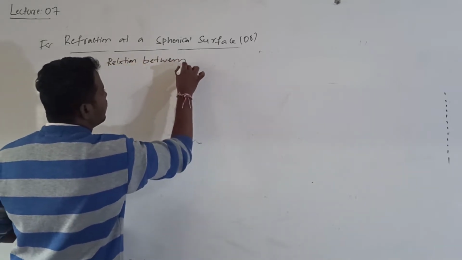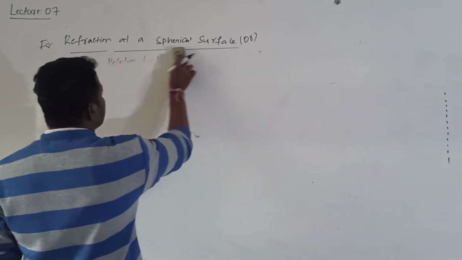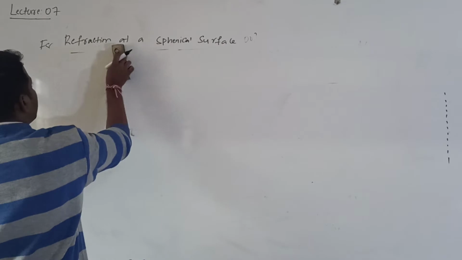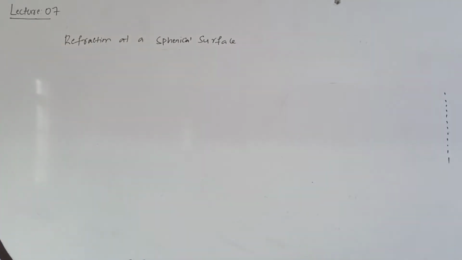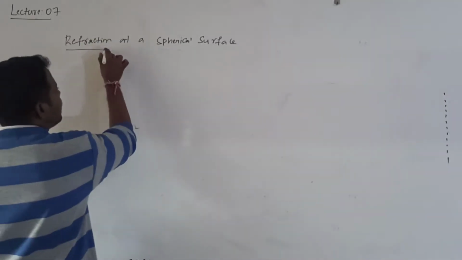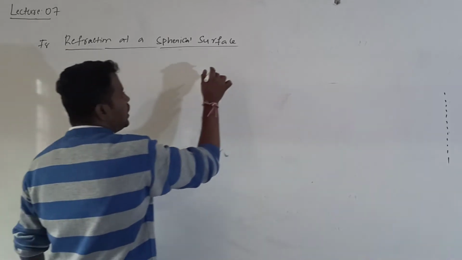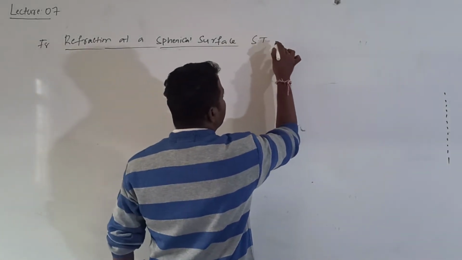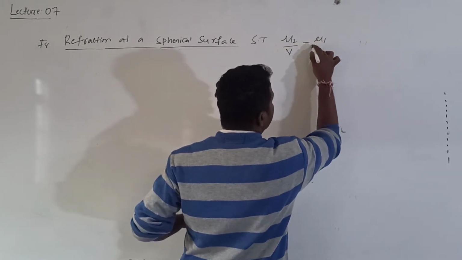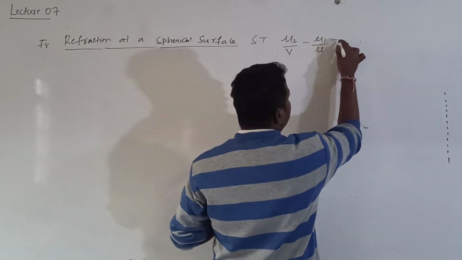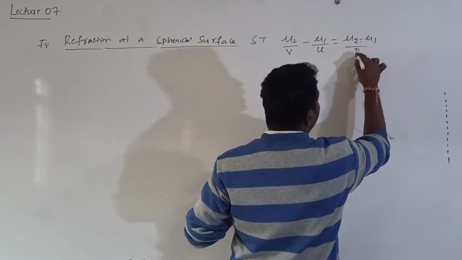We'll write the question; this is the main heading. Under this main heading, the question they will ask is: for refraction at a spherical surface, show that mu2 by v minus mu1 by u is equal to mu2 minus mu1 divided by r.